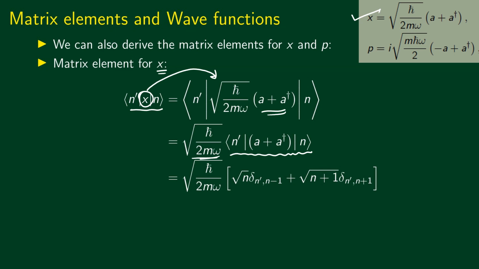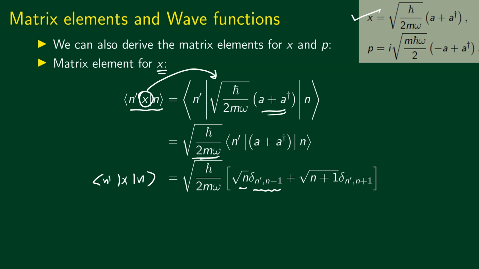These are the matrix elements of A and A dagger, which we already found. So we can write, using them, bra n prime X ket n is equal to square root of h bar divided by 2 m omega, times square root of n delta n prime n minus 1, which are the matrix elements for operator A, and square root of n plus 1 delta n prime n plus 1, which are the matrix elements for operator A dagger.